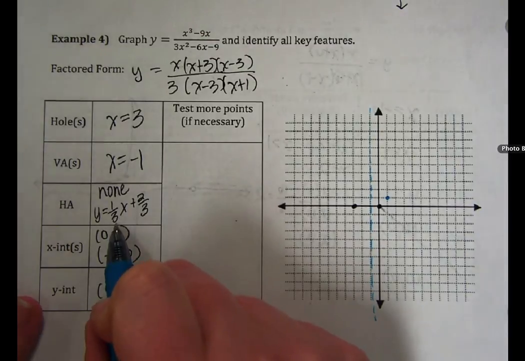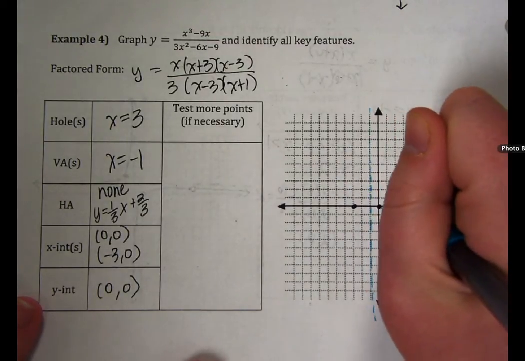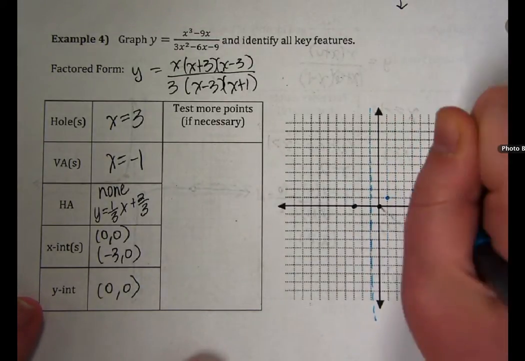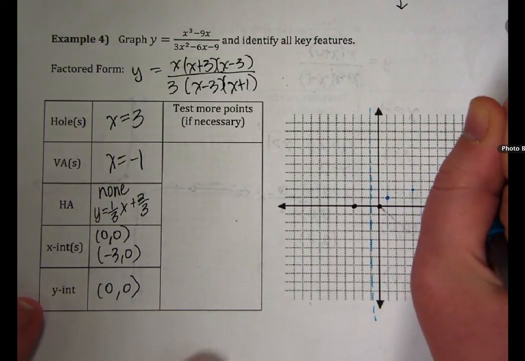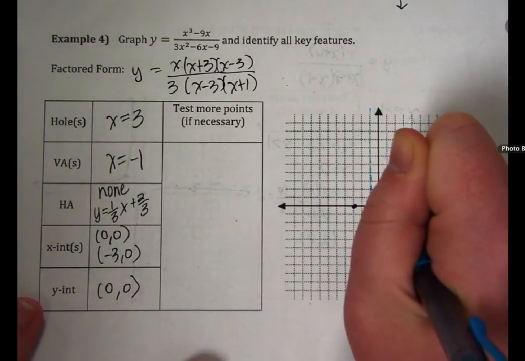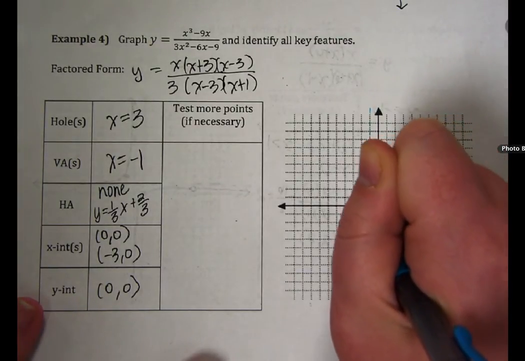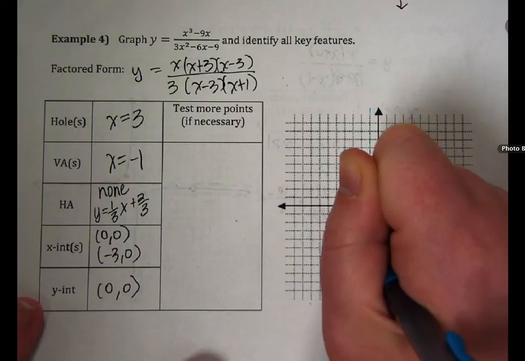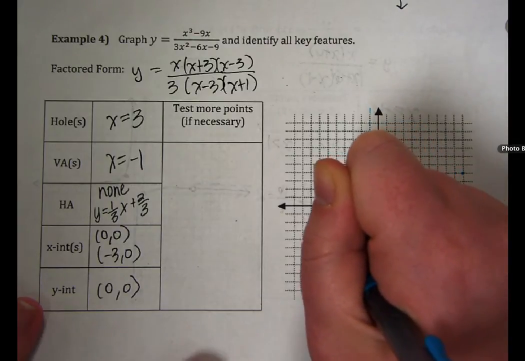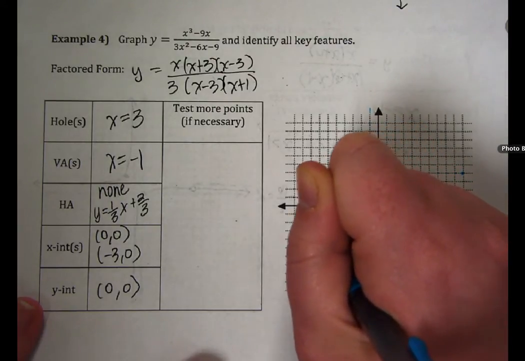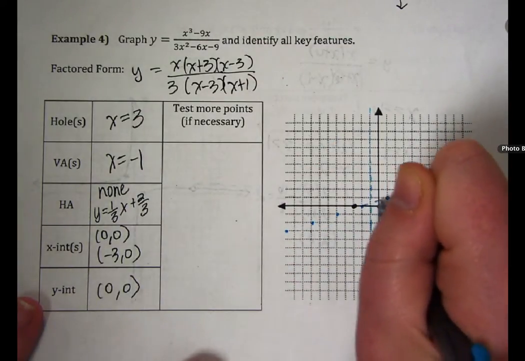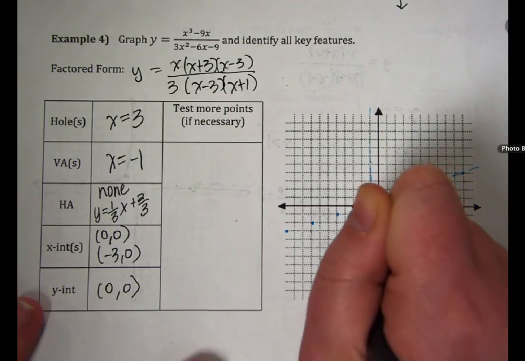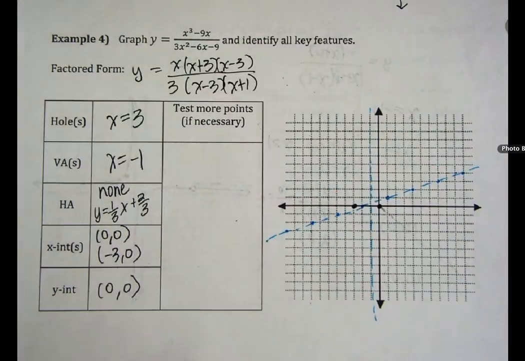And then we can use our slope of 1/3 to say up 1 over 3, up 1 over 3, or down 1, left 3, left 3. Okay. With those, we're going to put in our dotted oblique asymptote.